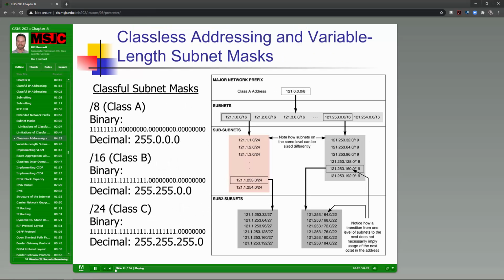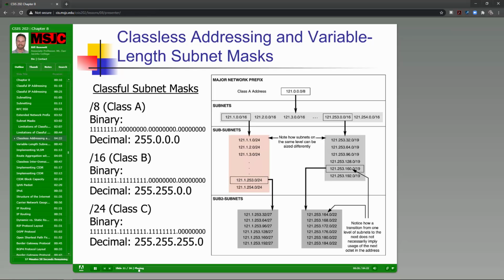This slide then shows you an example of using variable length subnet masks, meaning that the mask length can be different on different subnets. So initially the organization has a Class A address, and its network address is 121.0.0.0/8, meaning that the mask is 255.0.0.0.